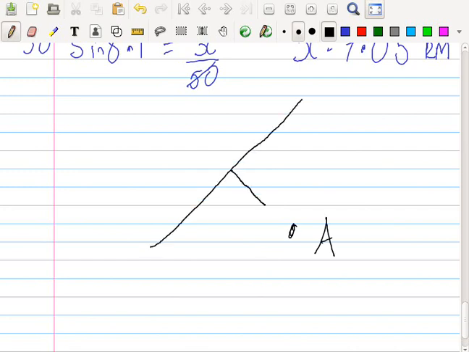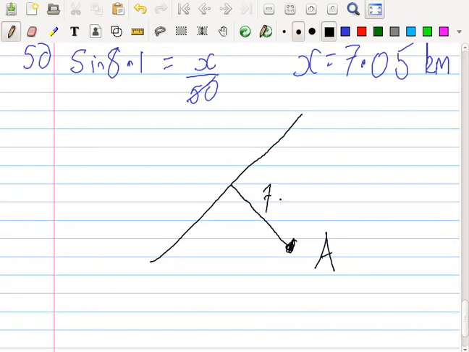We know this distance now. What is it? It's 7.05. And the question now is, ship B can call ship A if they are 40 kilometers or less apart.